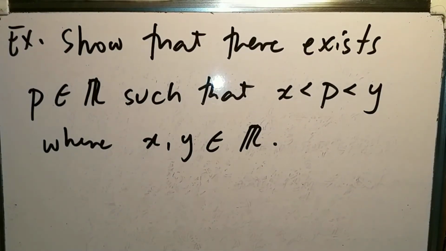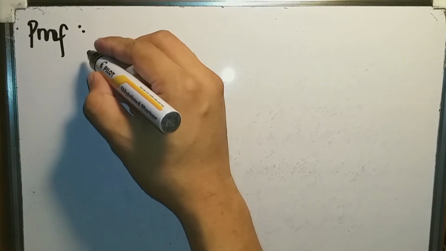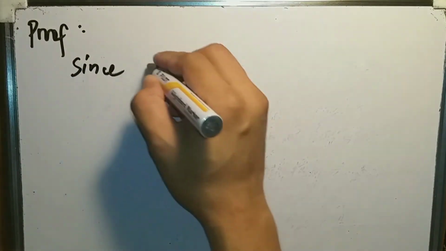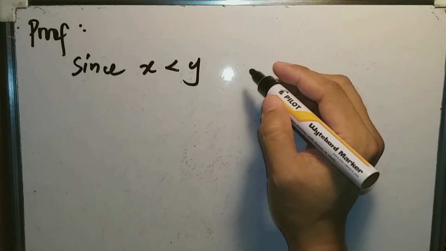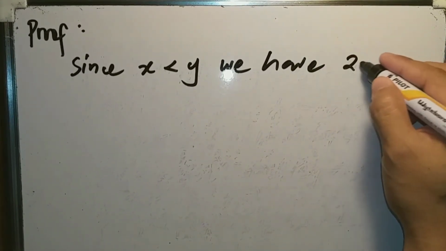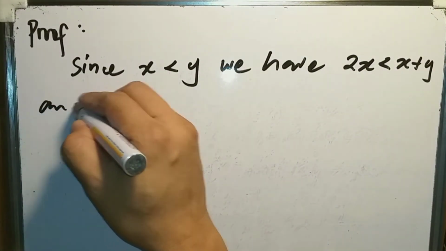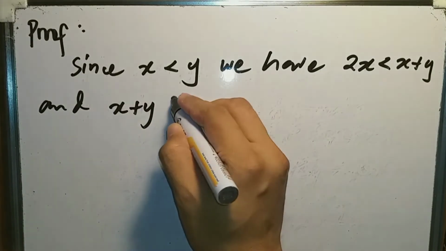So for example, show that there exists p an element of R such that p is between x and y, where x and y are elements of the set of real numbers. Okay, so let's have the proof. Since x is less than y, we have 2x less than x plus y, and x plus y is less than 2y.